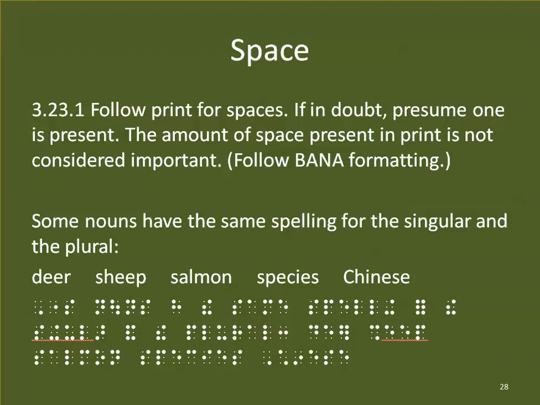But just for the record, note that UEB says no matter how many print spaces there are, we just use 1 in Braille. But that is according to UEB. It might be different for BANA, so just be aware of that. So I just showed this example here as an example of what UEB says to do.